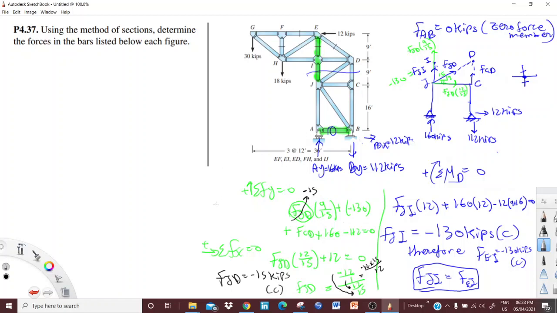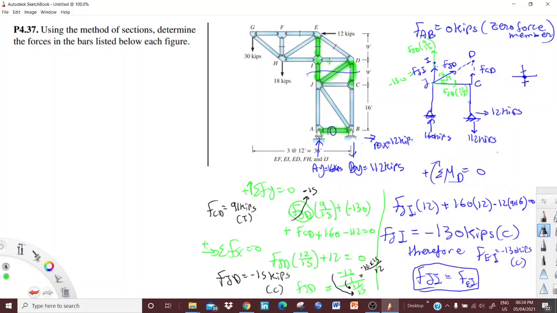Therefore, FCD is going to be equal to 91 kips, tension. So we found those two forces. We can highlight it with the marker. We found FCD and FGD already.